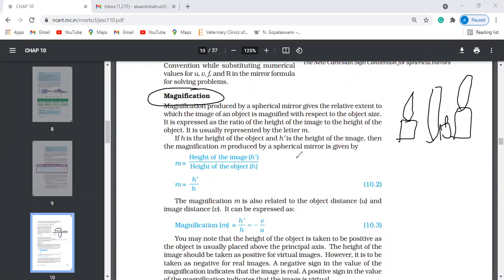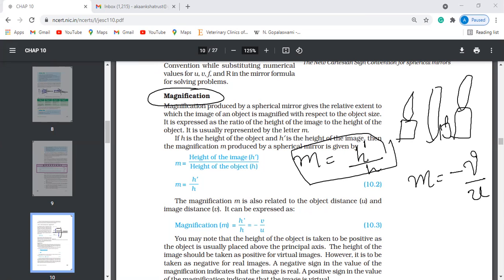Okay, so magnification can be given by the height of the image, that is h dash, divided by the height of the object. And you also have one more formula, m is equal to minus v divided by u.